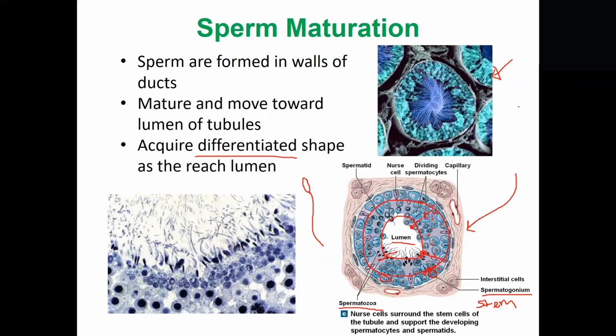This is someone's really fancy microscope in their lab, and they've colorized the walls of the seminiferous tubule this light blue color, and then you can see the tails of the mature spermatozoa reaching out towards the middle of the lumen. It almost looks like they're getting pulled or flushed towards the center. So it really does look like that in real life.